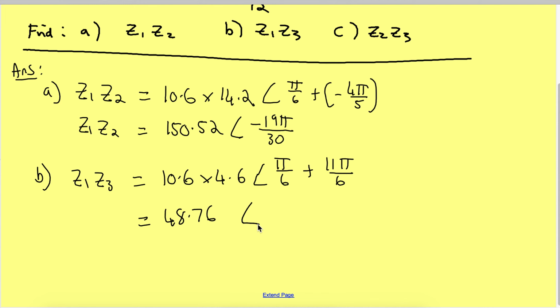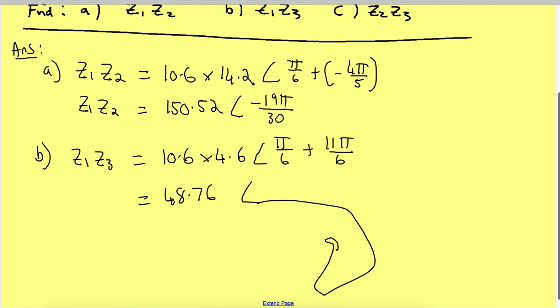And we add these two together, so that's pi by 6 plus 11 pi by 12. It's 13 pi by 12, isn't it? So I've copied that number down wrong. Let me just fix that. 11 pi by 12.